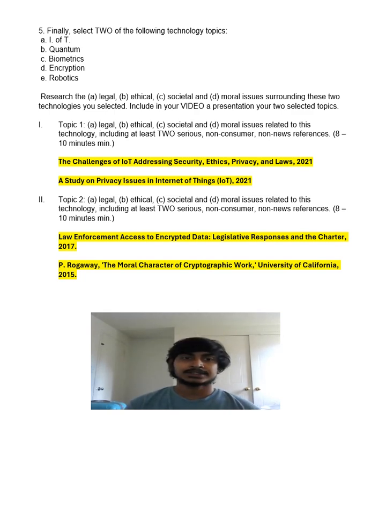Coming to the second topic of the question, which is encryption, I'll come to the legal issues associated with it. Biometric technologies raise very serious legal concerns, particularly regarding privacy laws.